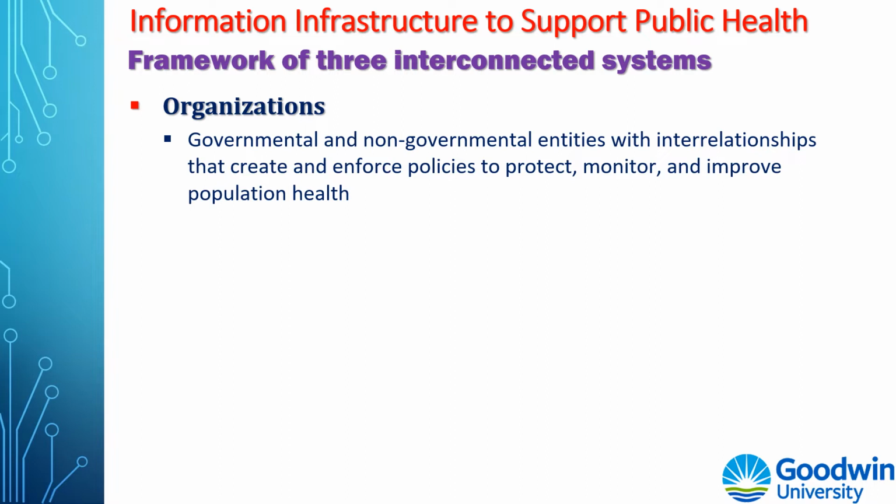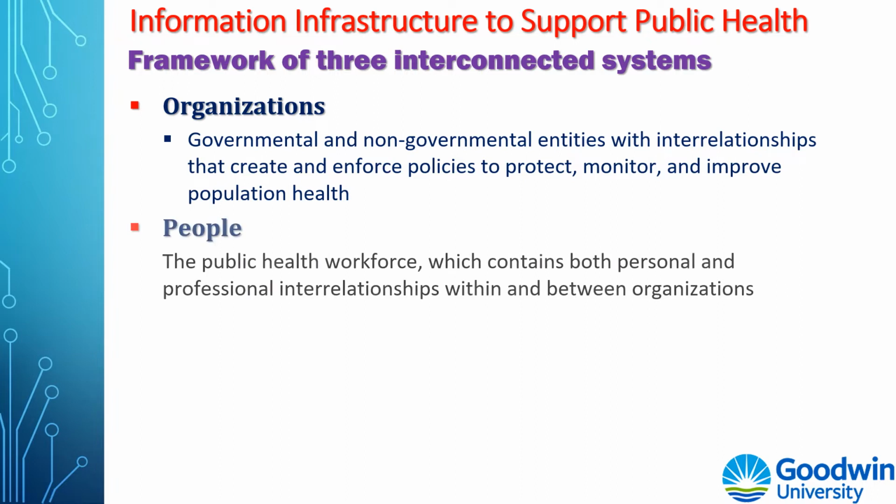So working together, people across several public health organizations can leverage the information to support the health and well-being of communities, state, national, or regional. And collaboration is necessary to address those core functions. The organizations we're going to talk about now are government and non-government entities within the interrelationship that create and enforce policies to protect, monitor, and improve public health.